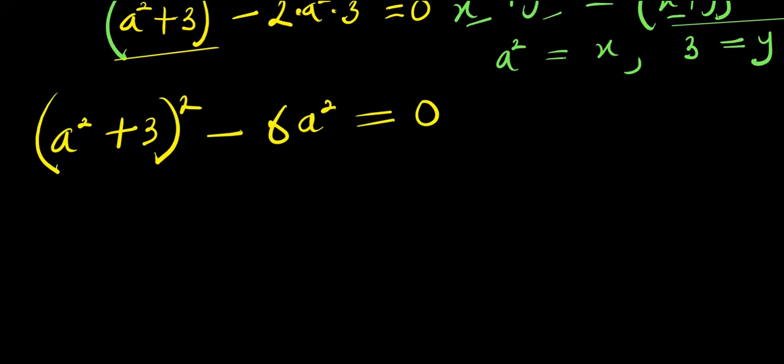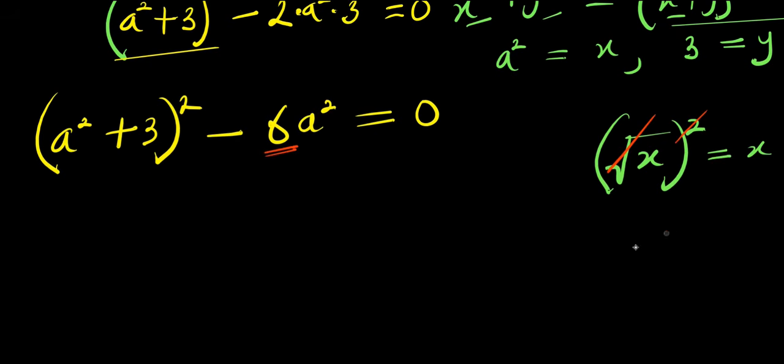So from here, if you have x and you take the square root of this x and raise it to the power of 2, this is the same thing as writing x, because the square root can easily eliminate the square. So we are going to replace this 6 here with square root of 6 raised to the power of 2, which is the same thing as 6, because this can easily eliminate that.